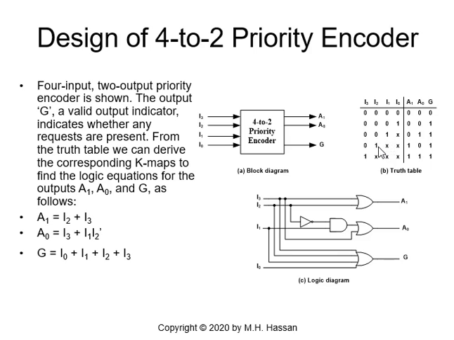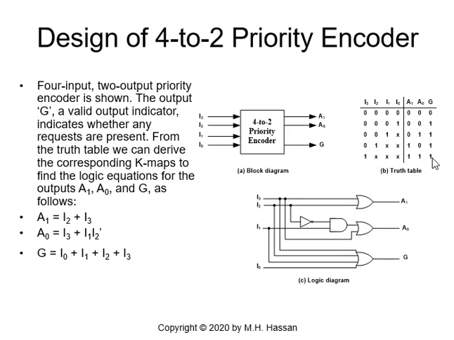Once I2 is 1, the output will be 1, 0, regardless of I0 and I1, which are don't cares. Now, if I3, the device with the highest priority, is 1, where I2, I1, and I0 are all don't cares, whether zeros or ones, the output will be 1, 1, and G will be 1.